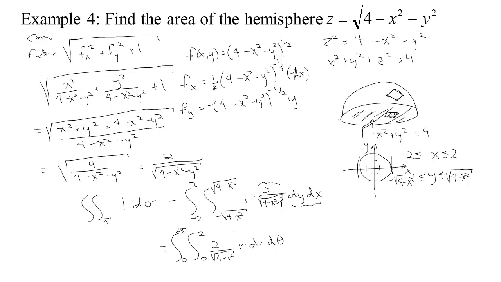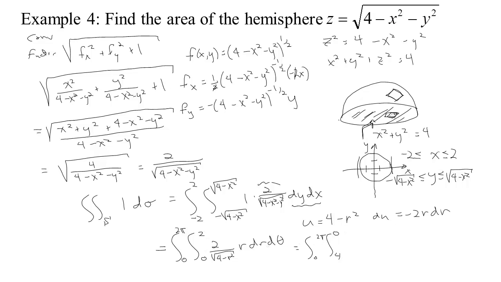Okay, we're almost there. All we have to do is make a little substitution. Let's let u be 4 minus r squared. Then du is negative 2r dr. And so our integral becomes the integral from 0 to 2 pi. And when r is 0, u is 4, and when r is 2, u is 0.